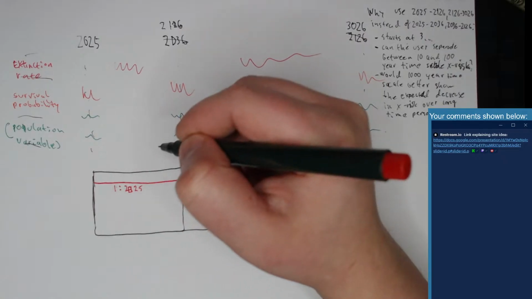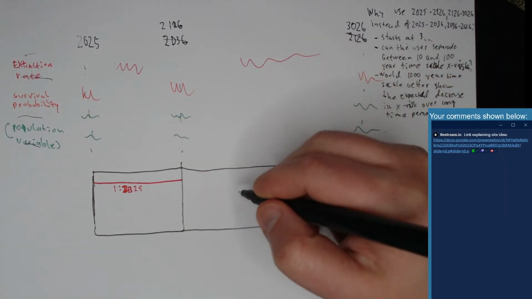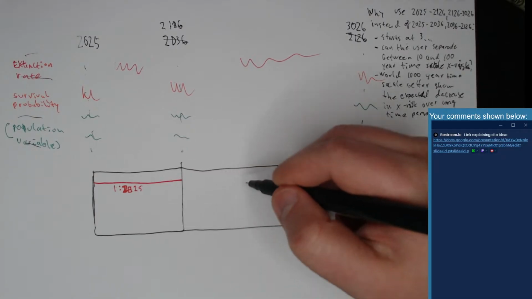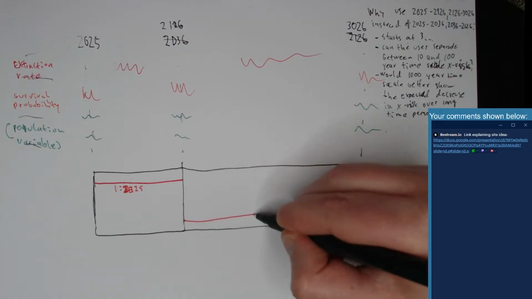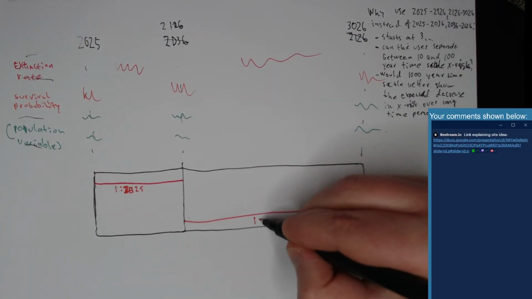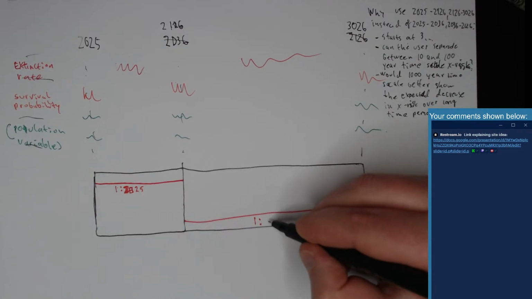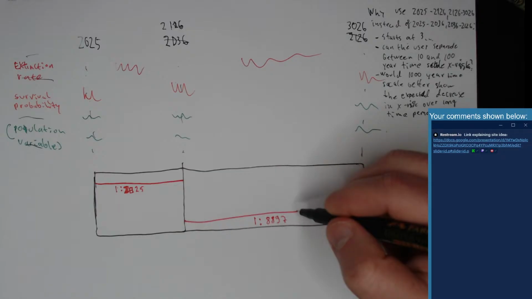Okay, I've ruined this. And then we have another one here. I could just have these scales. So this would be like 1 in 8,897, something like that.